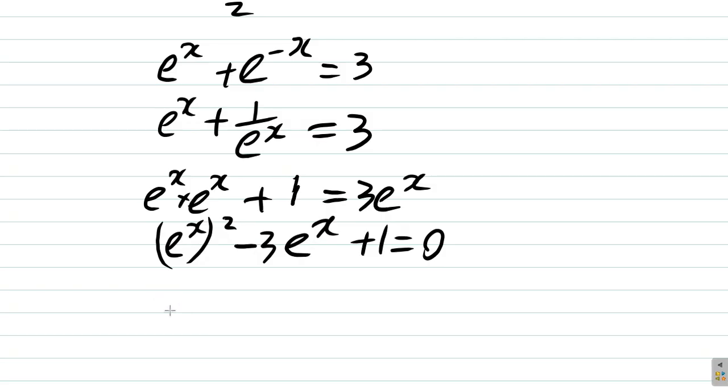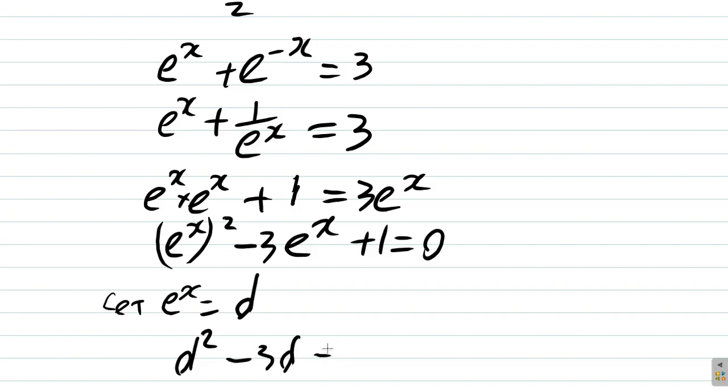So, let's make e to the x a single letter. Let e to the x be equal to any letter, A, B, C, D. Let's say D. So what you have is d squared minus 3d plus 1 equals 0.